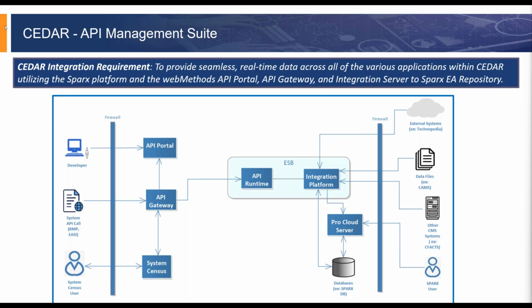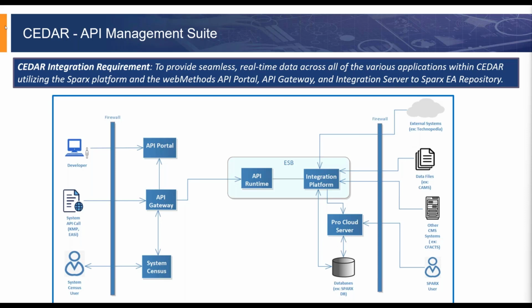And then the system census users over on the bottom left, they come into our website that we built for the system census, and that's where we do the yearly inventory, if you will, of all the systems, software, and so forth for the different groups within CMS.